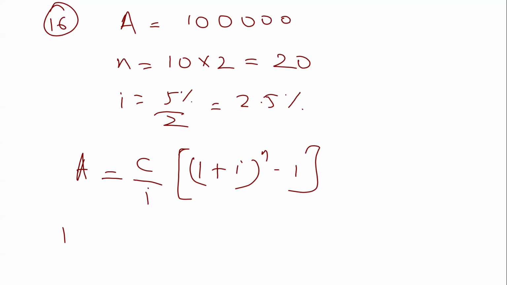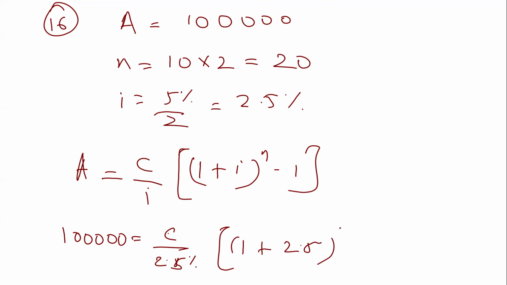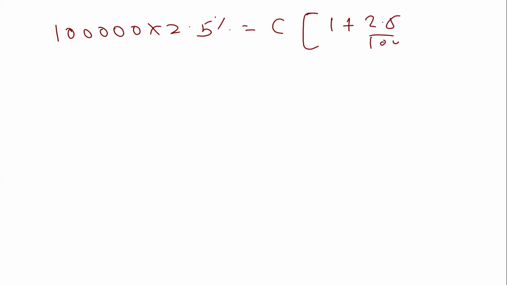So this is annuity immediate. 1 lakh is equal to C by I, 2.5%, (1 plus 2.5%) raised to N, N is 20, minus 1. So 1 lakh into 2.5%, C, (1 plus 2.5 upon 100) raised to 20 minus 1.